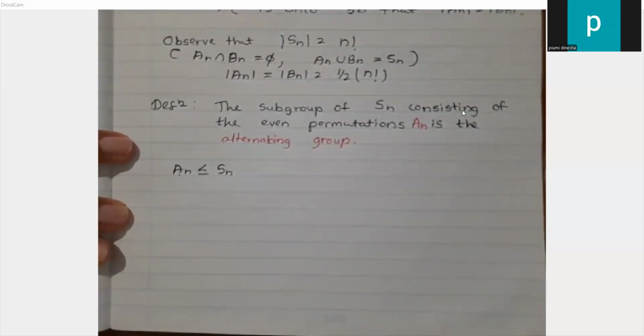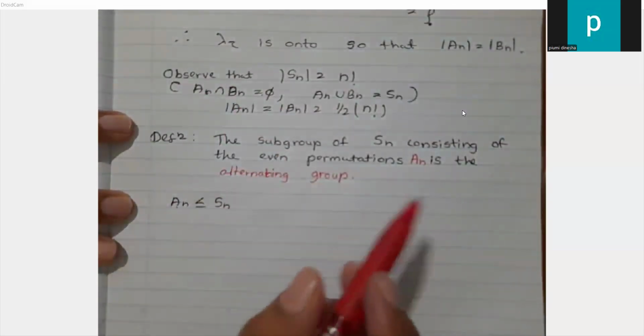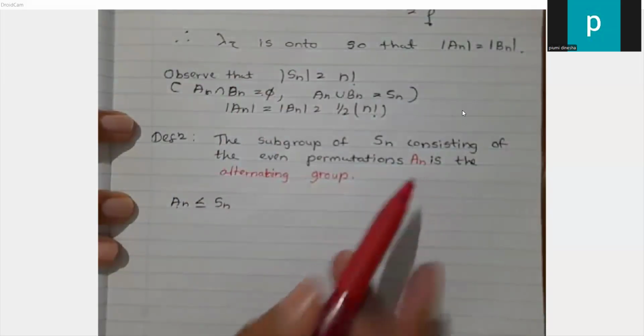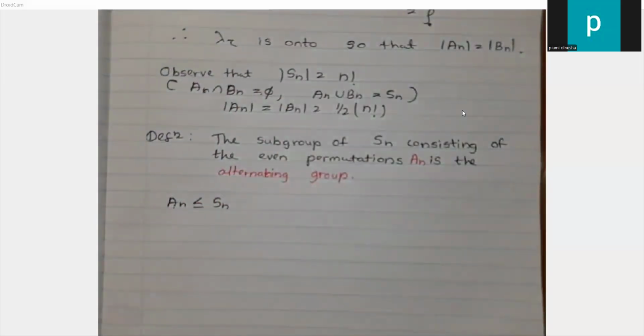Why is that? Once again, we know that An is a subgroup of Sn. So An by itself is a left coset of An in Sn. This is one left coset, right?